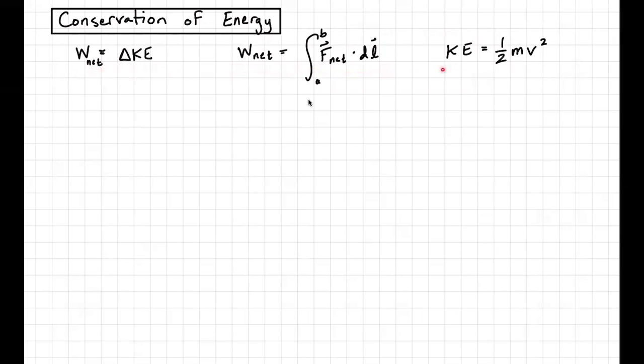And then we have the definition of kinetic energy as 1/2 mv squared at some given time moment. I want to extend some of this work, define some more stuff, and talk about how we can add a little bit more nuance to this work energy theorem.